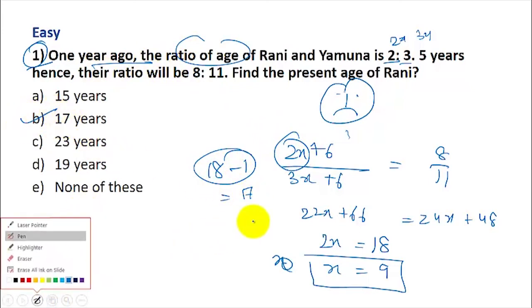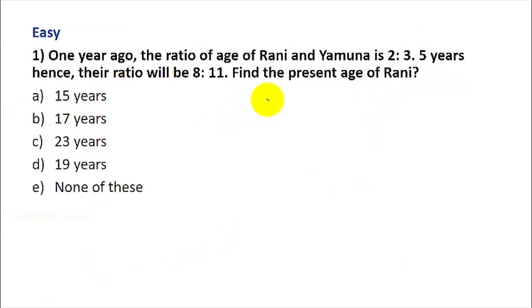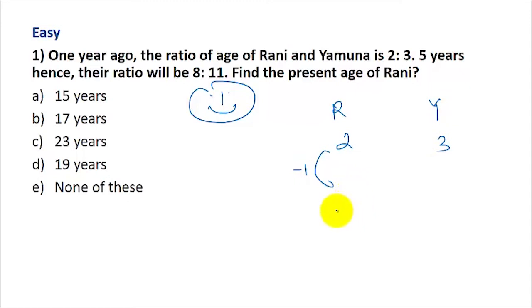So you have seen how this person is going to solve this. Now you have to see how the other person is going to solve the problem. Let us write Rani and Yamuna as 2:3, this is 1 year hence. The present age will be something, and after 5 years it would be 8:11. So the difference here is 1, and here the difference is 3.